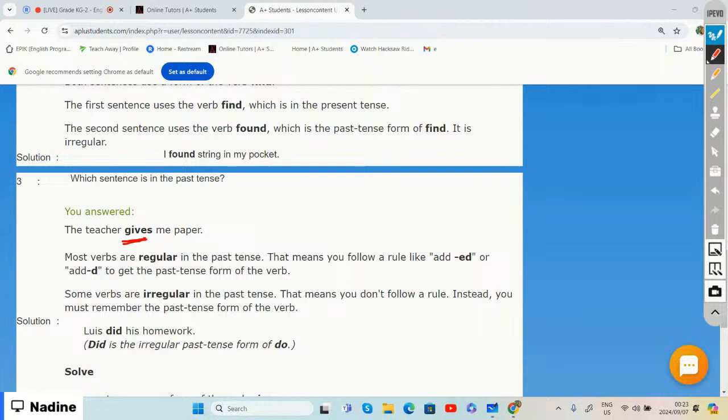We need to find the past tense of the word give. So gives. What is the past tense of gives?